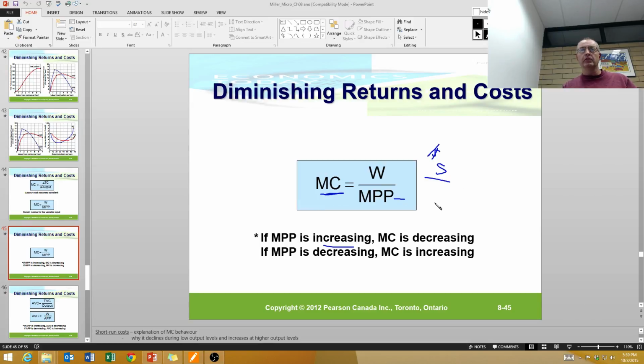So if marginal physical product increases, the marginal cost is going to decrease. And likewise, when the marginal physical product is decreasing, the marginal cost is going to increase.